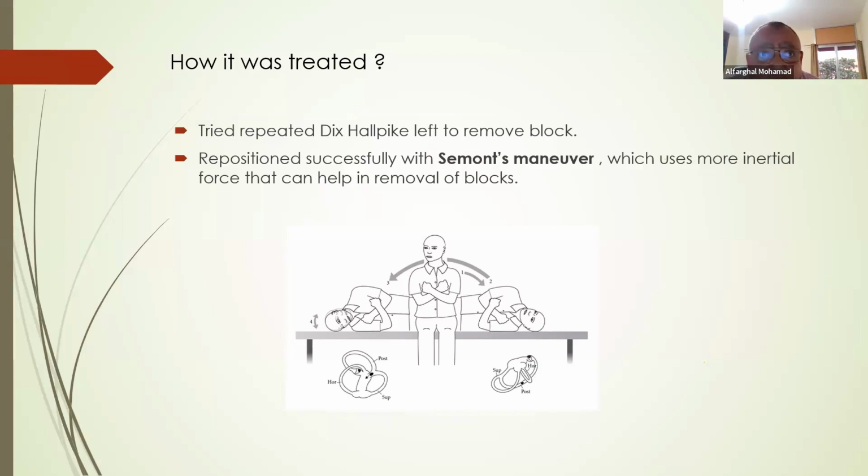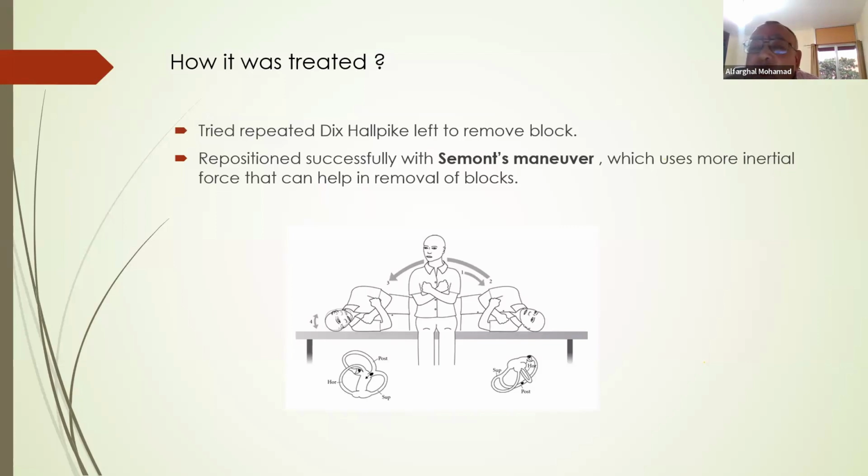I regret this. One more thing, canal jam is presented not by reversal of the nystagmus during the Epley maneuver, but by persistent nystagmus. Persistent, even spontaneous, persistent nystagmus, because it creates a plug and like a vacuum, so it keeps on continuous stimulation or inhibition of the ampulla.